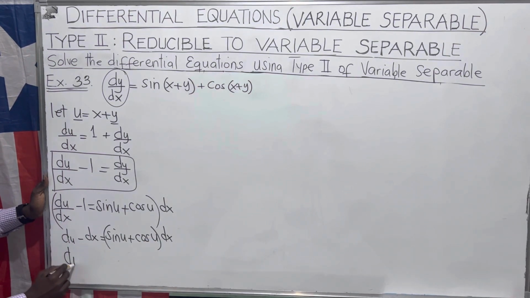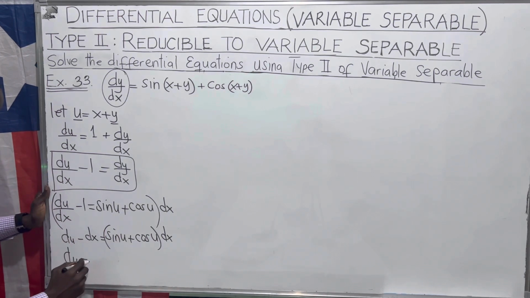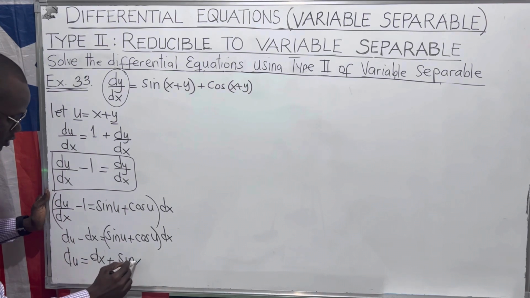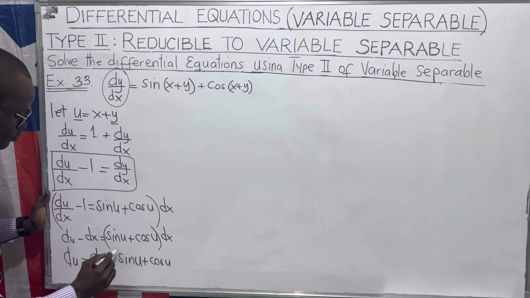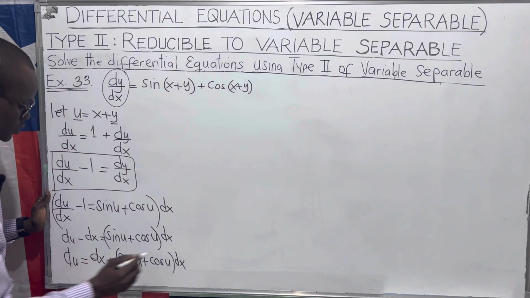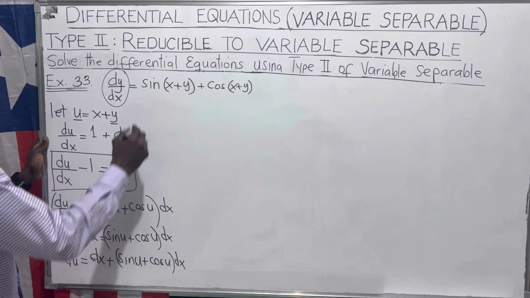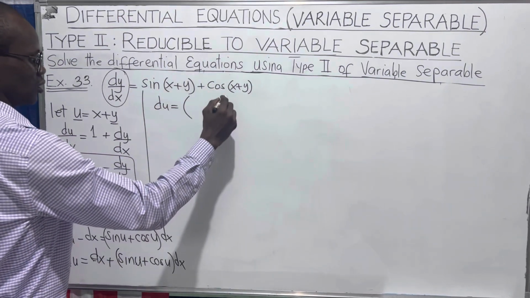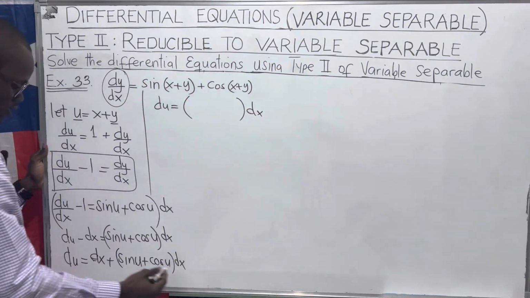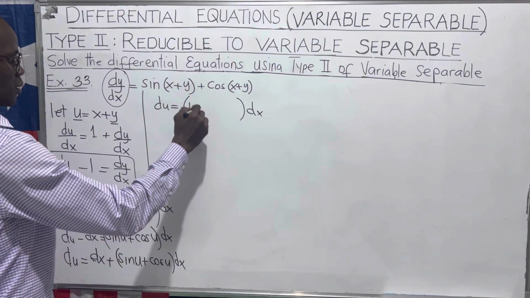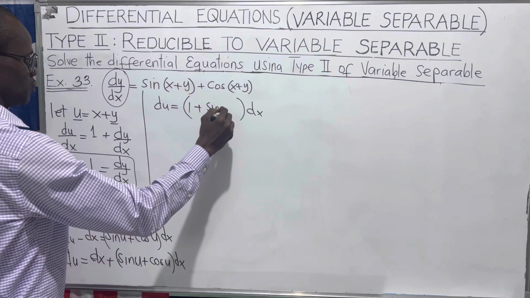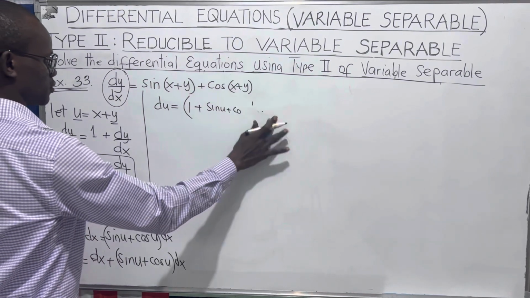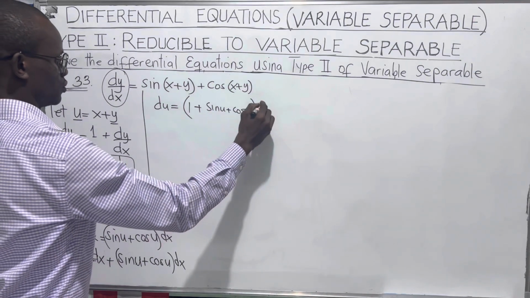If we separate the variables, we will have du equals dx plus sine of u plus cos of u dx. We can factor out dx, so we have du equals dx times 1 plus sine of u plus cos of u.